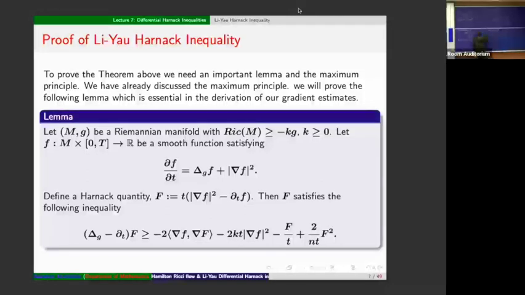There's a formula called the Poincaré formula, sometimes Bochner-Lichnerowicz. On a Riemannian manifold, it says that if you have a smooth function, a C-infinity function on M, it satisfies an equation of this nature.